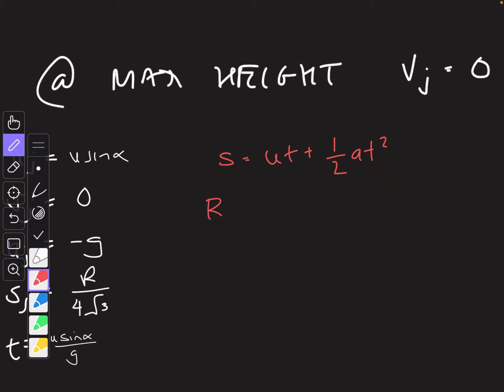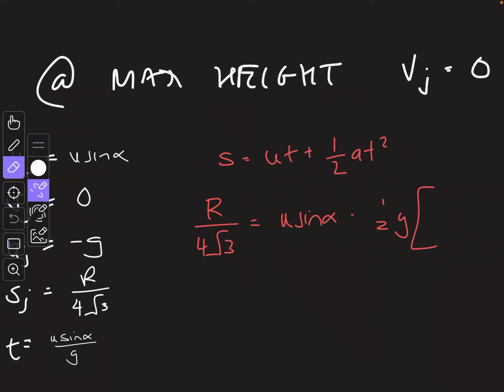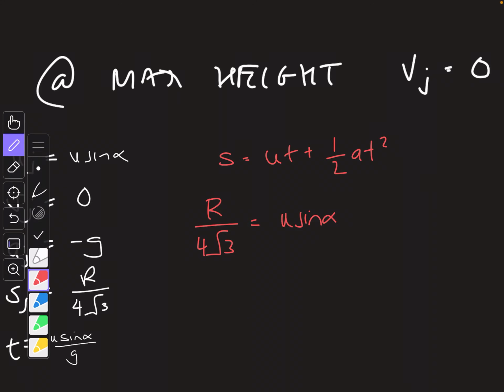So r over 4 root 3 equals u sine alpha minus a half g times, oh, I forgot the t here. So take my time, slow down. I'm going to replace the t with all that stuff that we had before. So u sine alpha all over g.